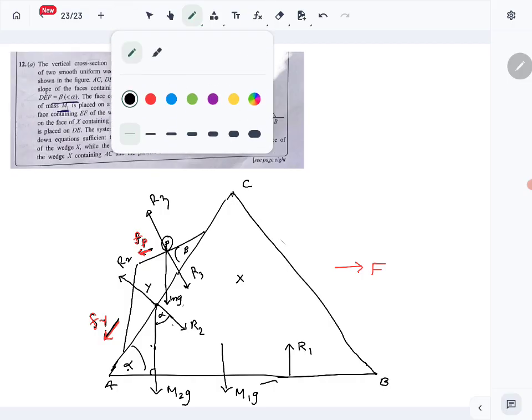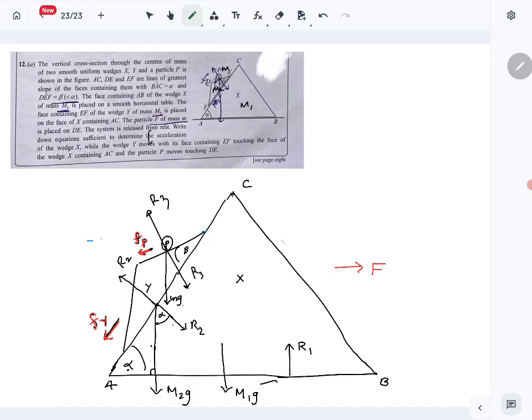Then another angle we need is this one. Let me draw a horizontal line like that. If this is alpha, this big angle is alpha, the Z-shape angles.